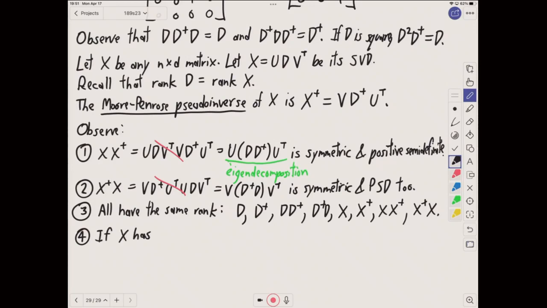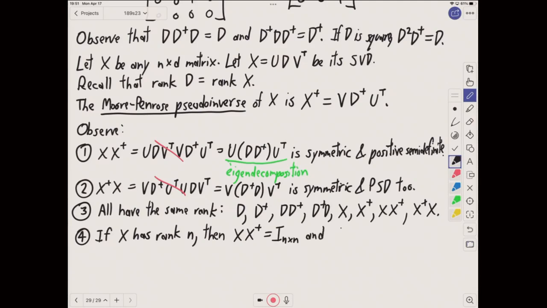All right, there's a couple of special cases that are well worth noting, because these are why we call this the pseudo-inverse. If X has rank n, then X times its pseudo-inverse is an identity matrix.